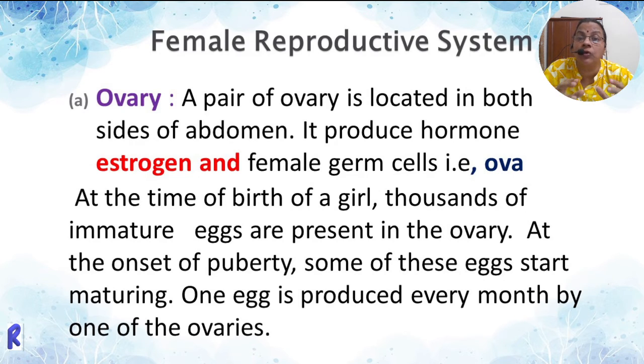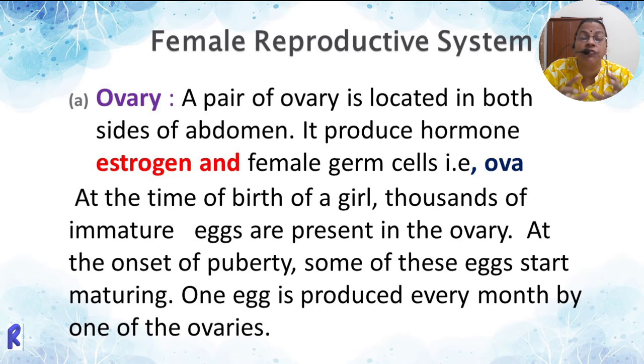The ovary produces one or two ova every month, and simultaneously it also produces the hormones estrogen and progesterone. We have learned that the testes produce the sperm as well as testosterone, the male sex hormone. Here it is ova as well as the two hormones, estrogen and progesterone.